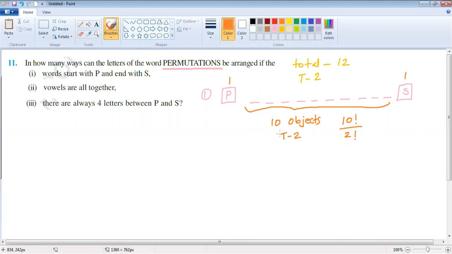So the first position can be filled in one way, the middle 10 positions can be arranged in 10 factorial by 2 factorial ways, and the last position can be filled in one way. So the total number of arrangements is 1 into 10 factorial by 2 factorial into 1. So 10 factorial by 2 factorial is 3 into 4 into 5 up to 10.